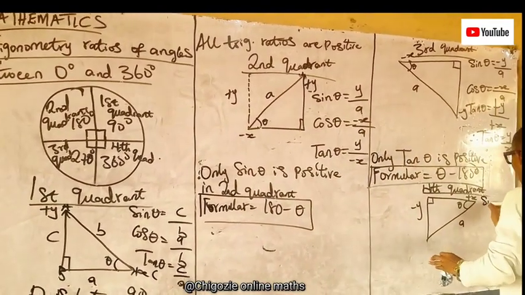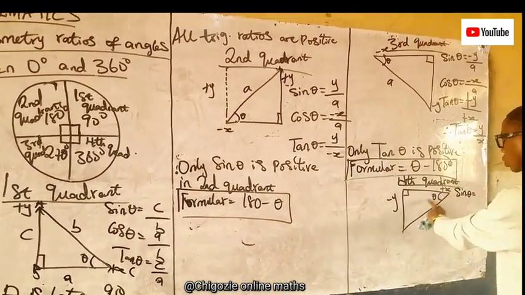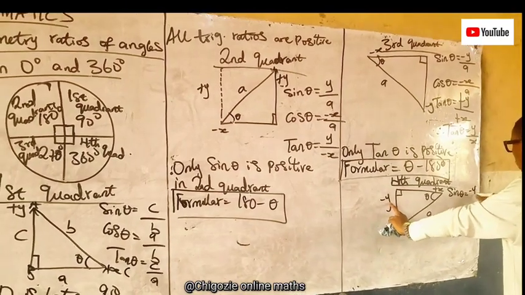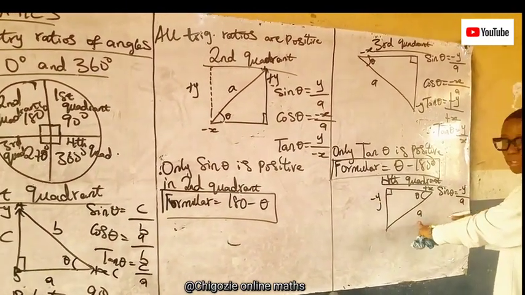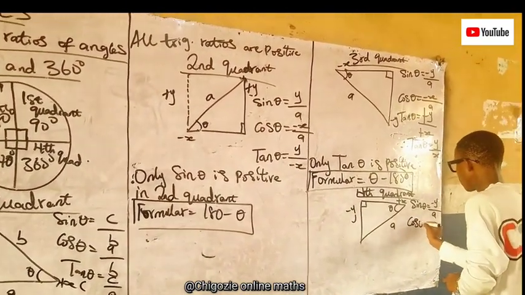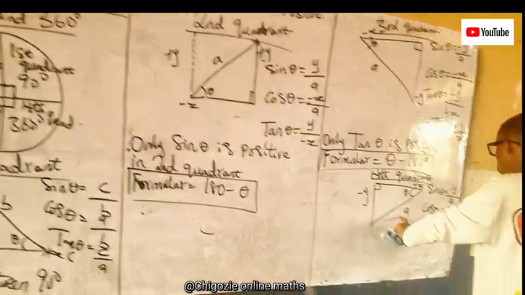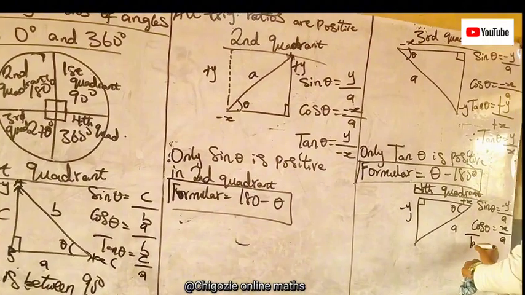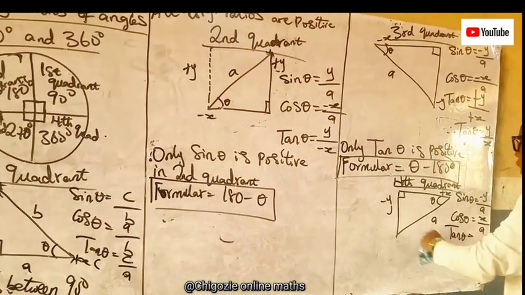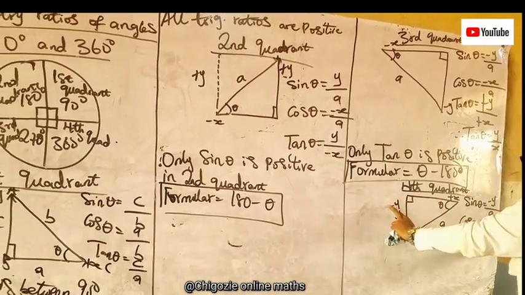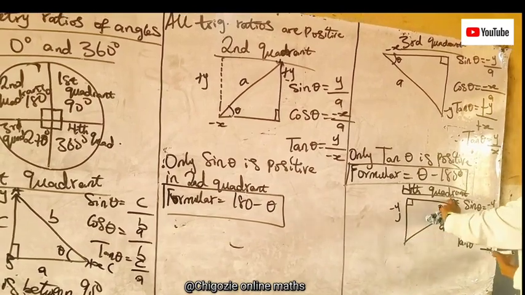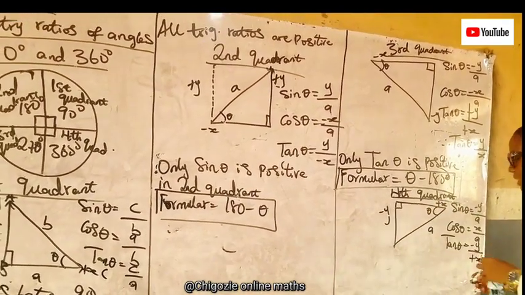Sin theta will be equal to opposite, which is minus y, over hypotenuse, which is a. Cos theta is equal to adjacent, which is x, over hypotenuse, which is a. And tan theta is equal to opposite, which is minus y, over adjacent, which is plus x.